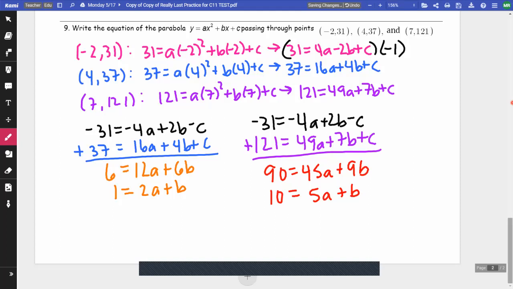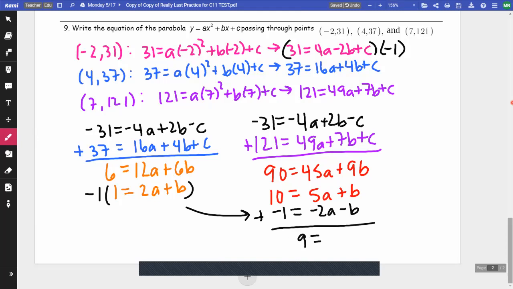So now I can multiply one of these equations by a negative 1. So I do it to this one, and then I put it down here. So it'll be negative 1 is equal to negative 2a minus b. Add these two equations together. I get 9 is equal to 3a. So a is going to be 3.